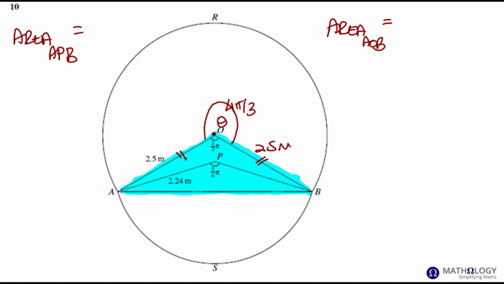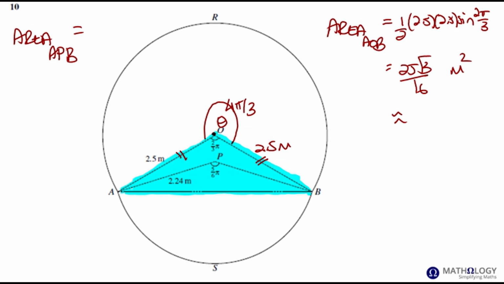So we've got two sides and we've got the included angle of 2 pi by 3. So the area of triangle AOB is going to be a half times 2.5 times 2.5 times sine of the included angle, sine 2 pi by 3. So that equals, which is approximately 2.71 meters squared.